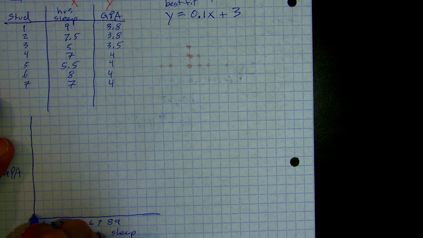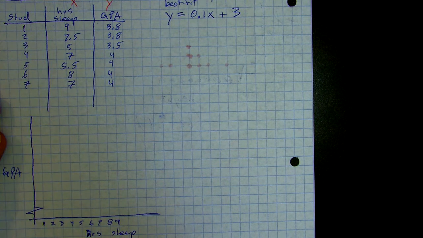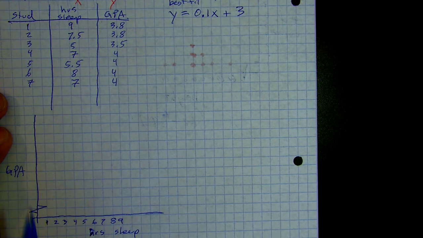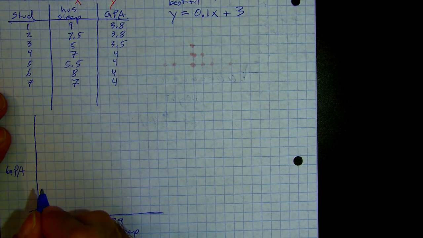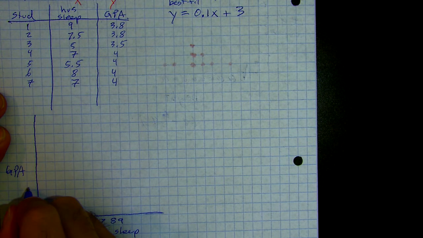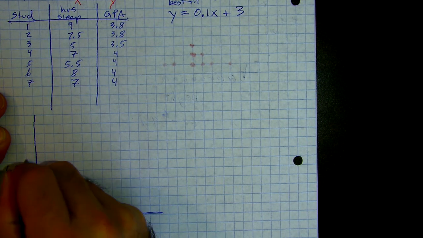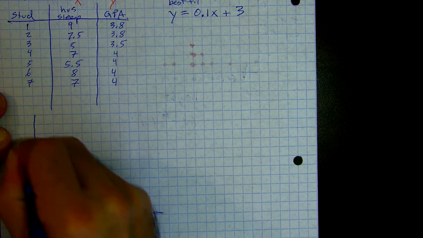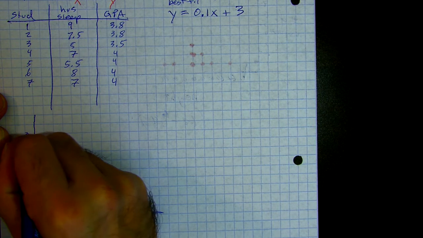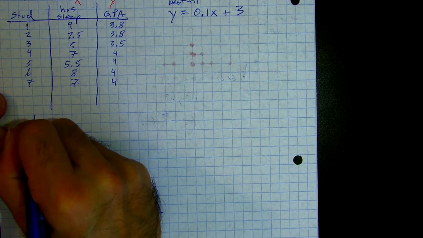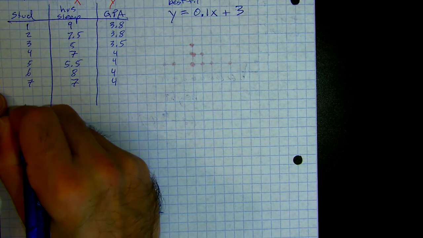So I'm going to do a little warp right here, and I'm going to make this 3.0, 3.1, 3.2, 3.3, 3.4, 3.5, 3.6, 3.7, 3.8, 3.9, 4.0.